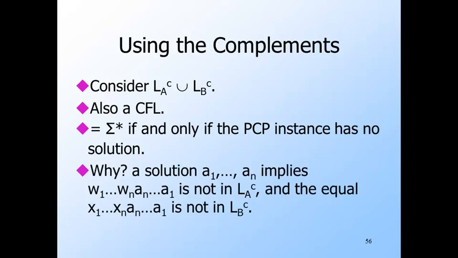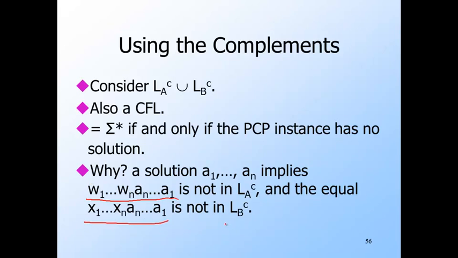Suppose there were a solution, say represented by the index symbols A1 through AN. Then this string is not in the complement of LA, and the equal string, this, is not in the complement of LB.